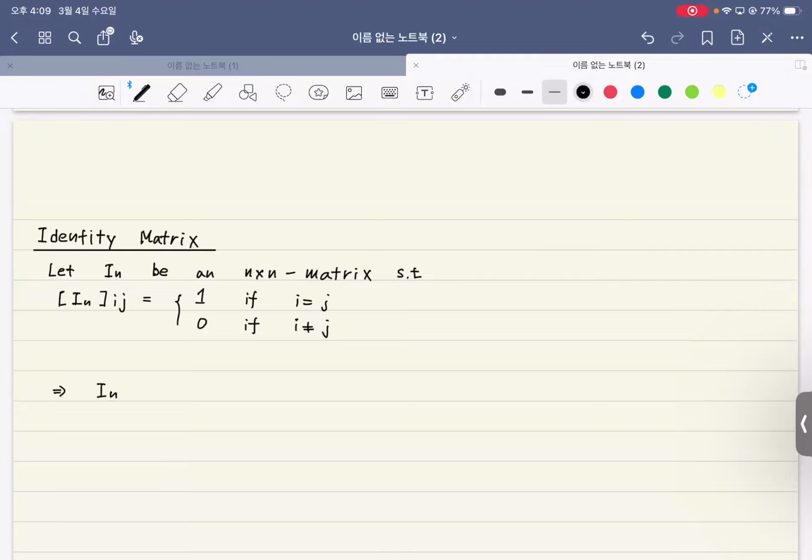So in other words, this is the identity matrix. So 1, 1, 1, and all these off diagonal entries equal 0.